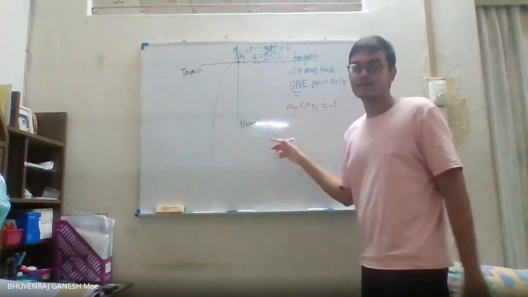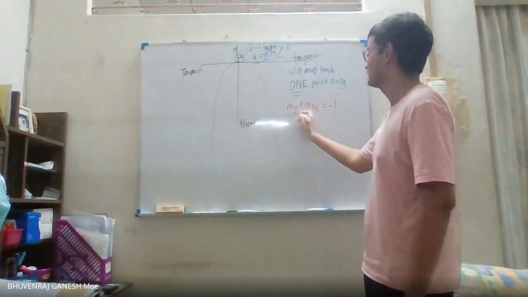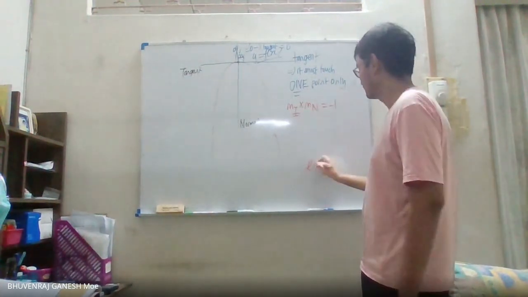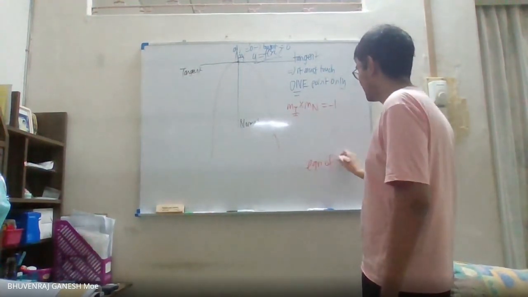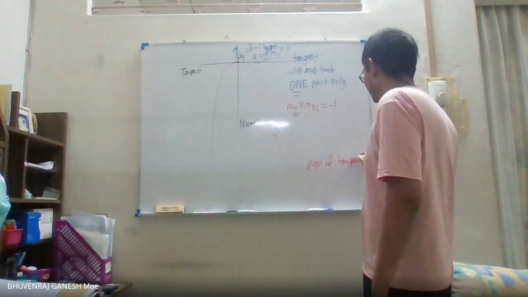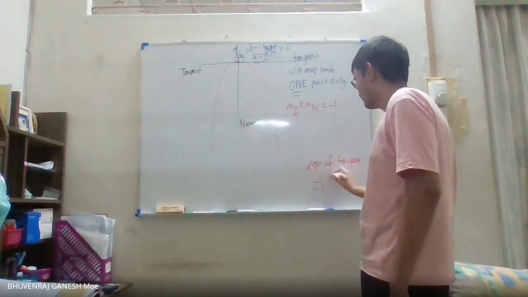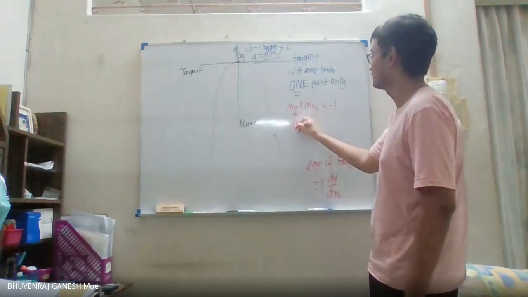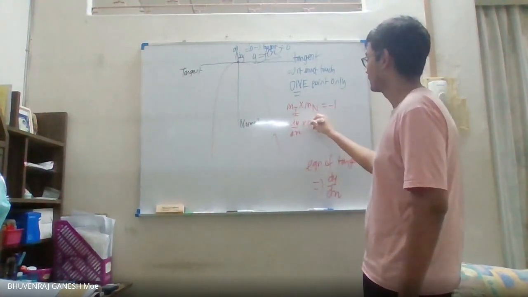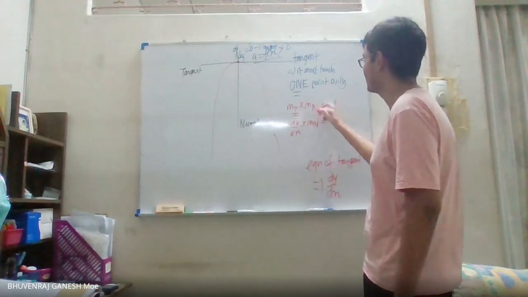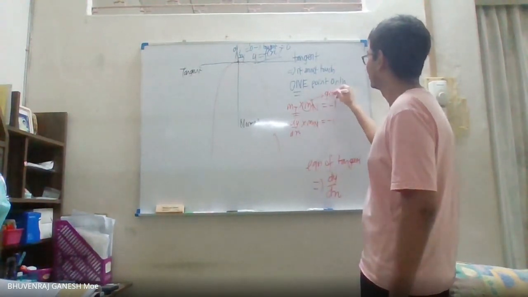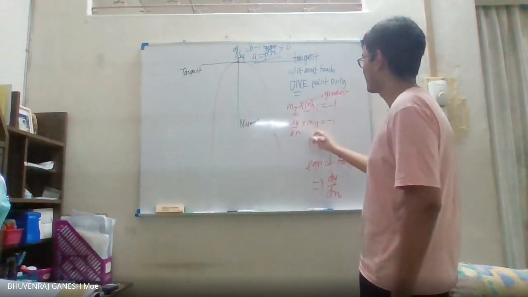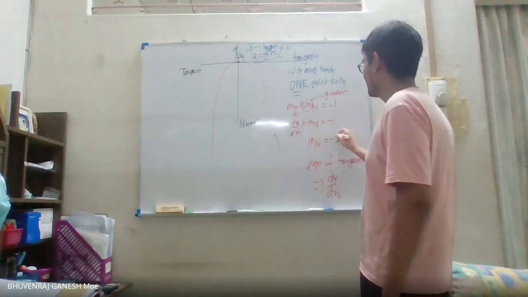A keyword to notice: whenever they say equation of tangent, it means dy over dx straight away. This is how we interpret info directly from the words into an equation. So dy over dx times m normal is -1. M is gradient.